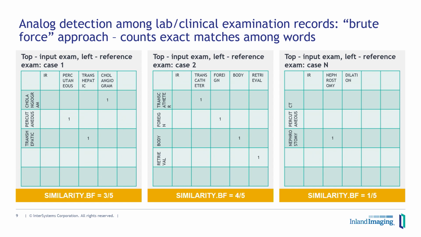For example, in this example, we have a space of 5 by 5. Imagine we have not more than 5 words in the description, in the reference and in the inputs. In that logic, in this case, we'll have a similarity of 3 from 5. In that case, 4 words matched between the input and the reference, and we have a similarity of 4 out of 5.